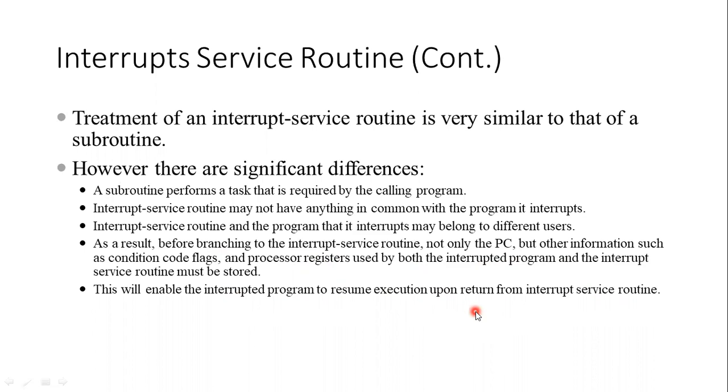It tells that after completion of the execution of the interrupt service routine, the control of the processor, the control of the system, will be given back to the previous program. So that is return from the interrupt service routine.